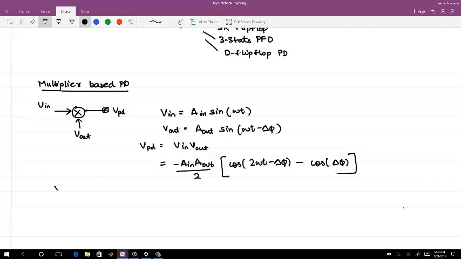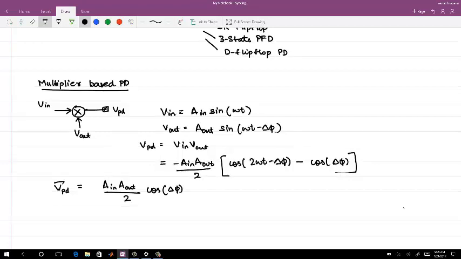Now the average of the multiplier phase error detector, when you take it over time or you filter it in the other sense, you will have A in A out by 2 cosine of delta phi. Okay.